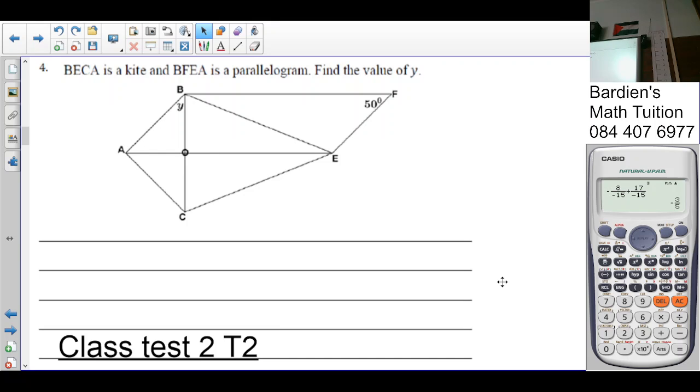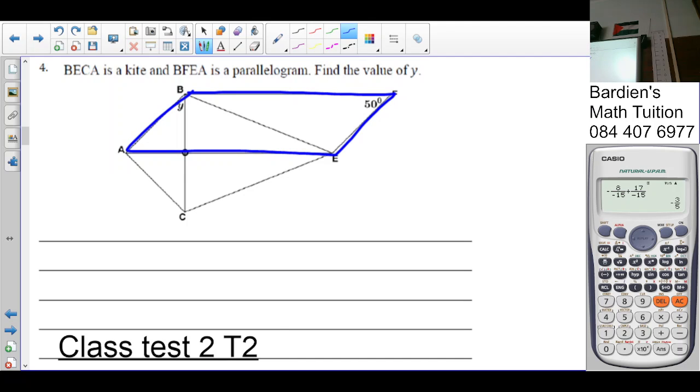So ABC is a kite. Then we are told that BFEA is a parallelogram. 4 things come to mind. Which one are we going to use here? 2 pairs of opposite angles are equal in the parallelogram.